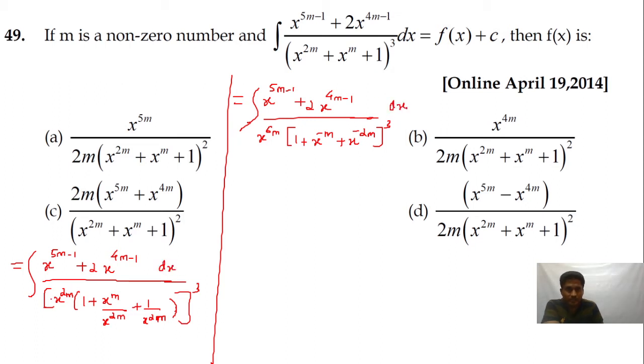Now if I divide this, you get x to the power of 5m minus 1 divided by x to the power of 6m.